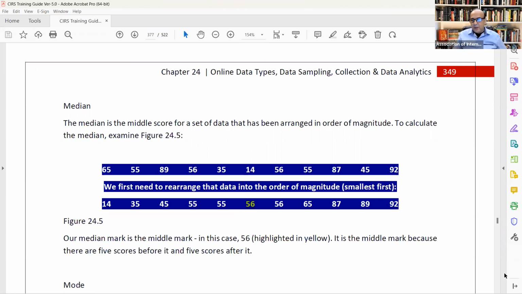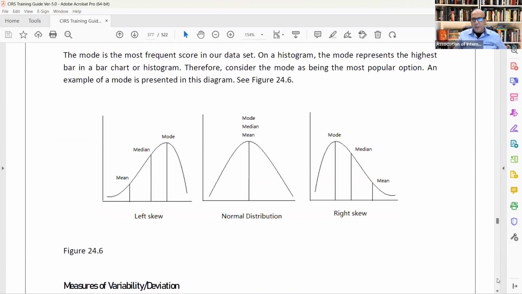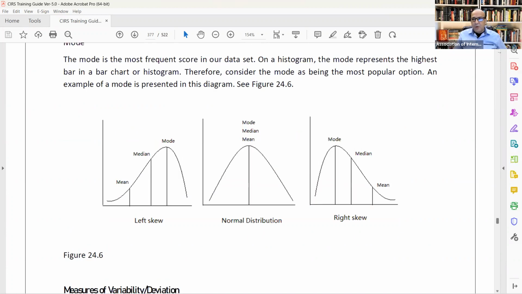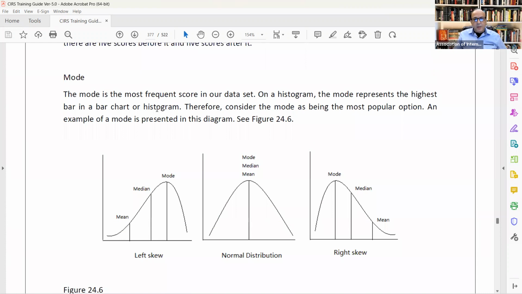That's median. So when you are doing your sampling and you have to describe a method, you have to indicate if it is median you're using or average you're using, whatever you're using, you have to describe a known or a well-known method that is understood. Mode is another relationship.